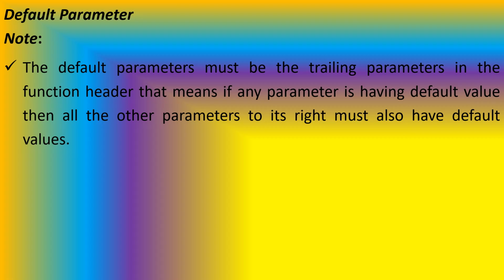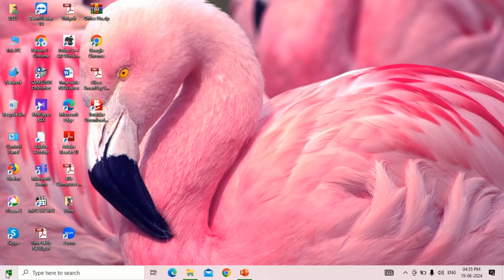If you give a default value for the first one without giving default values for the second and the third parameter, then it will be an error. So for that purpose, the default parameters must be the trailing parameters in the function header. That means if any parameter has a default value, then all the parameters to its right must have default values.